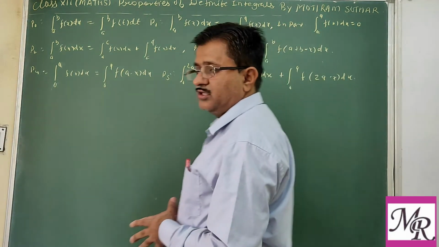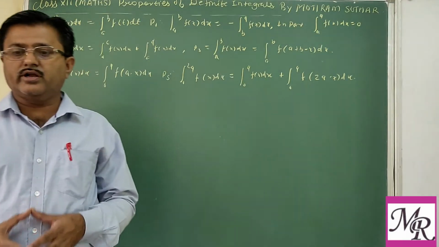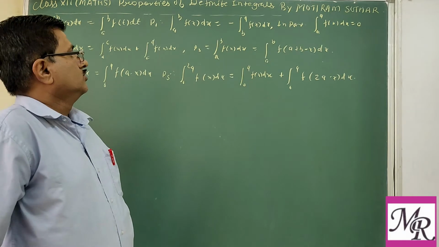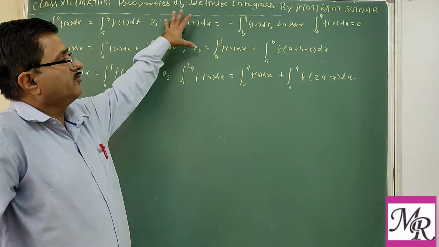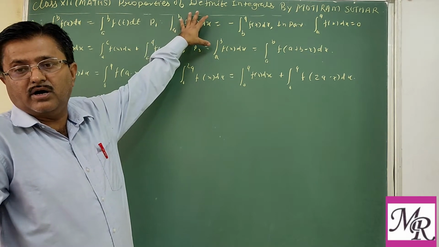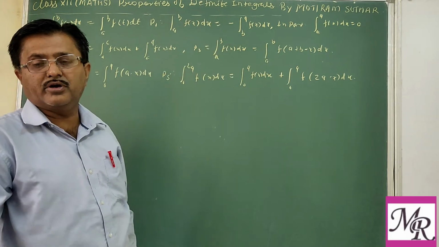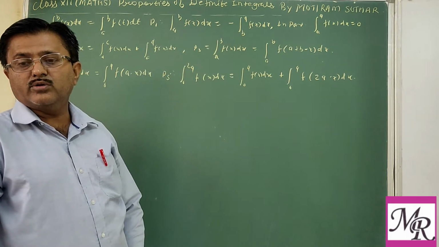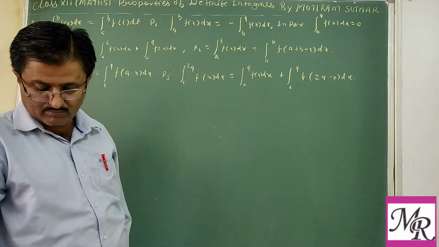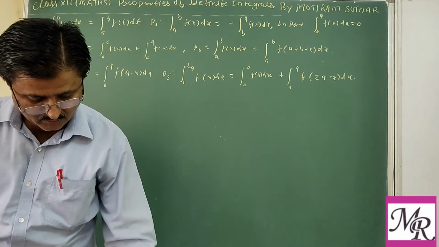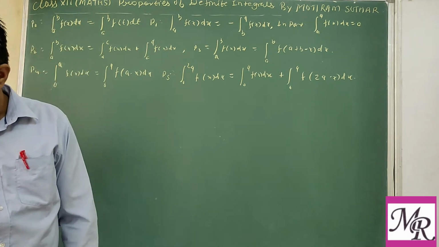With the help of these properties we can easily solve the definite integral. If a complicated form of integral is given, we use these properties to convert it into a simple integral form. So let's see these properties one by one.